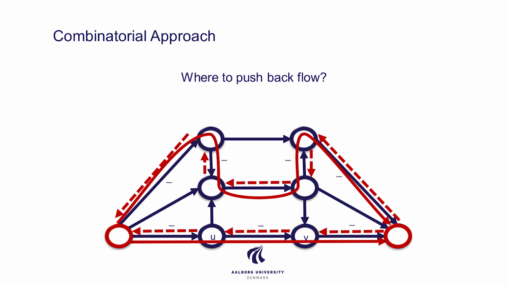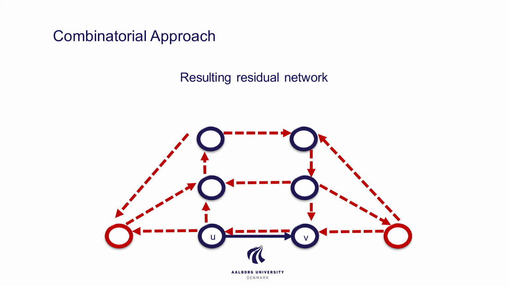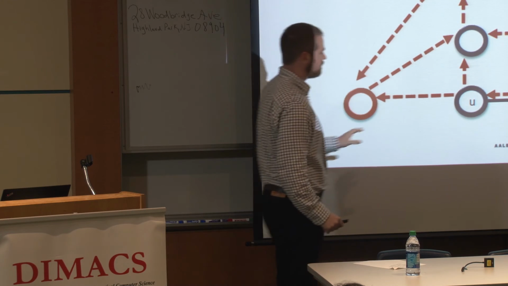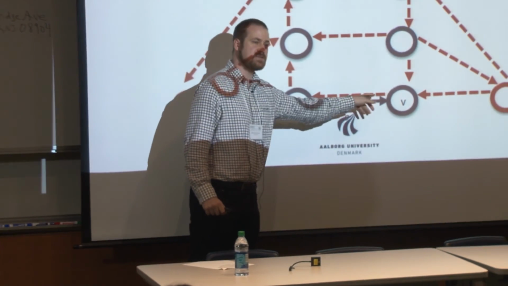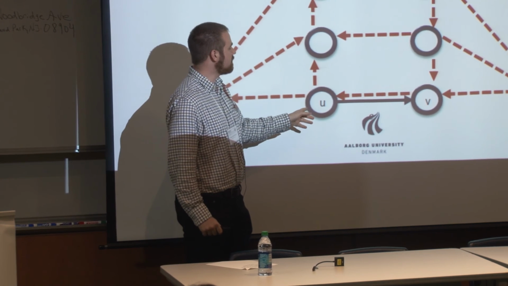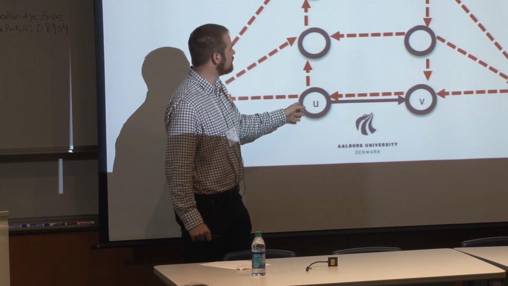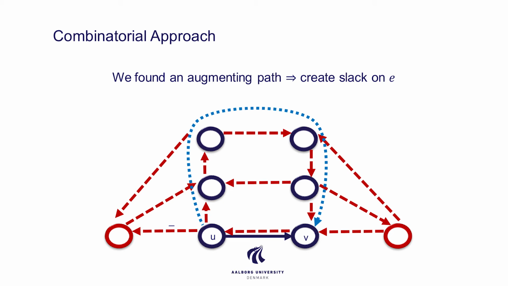Meaning that now if we combine these two ideas, we have the resulting residual network. And in this residual network, we can search, for example, if we want to create some free capacity on this edge, is there some path from U to V? And in this case it is. We just go up here. And then this allows us to create some free capacity on the link.